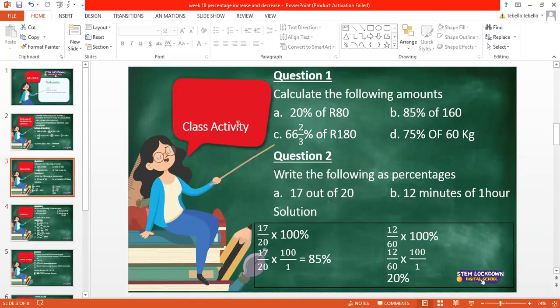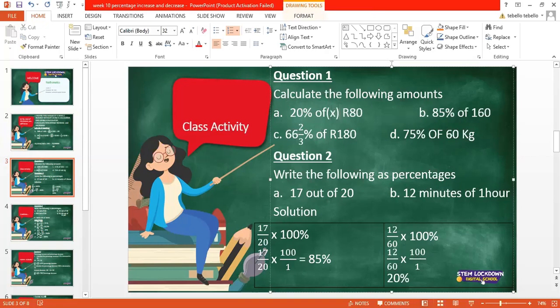So basically, we must get 20% of 80 rands. 20% of 80 rands, and you know that of equals to what? When you see of in mathematics, what do you think of? You do think of a multiplication. So when you see of in mathematics, you must think of a multiplication, nothing else, just multiplication.